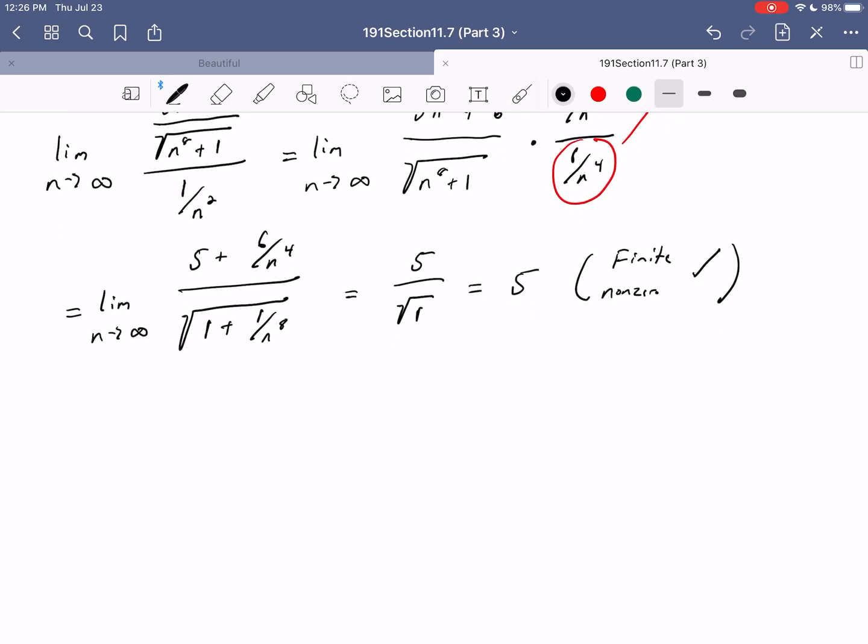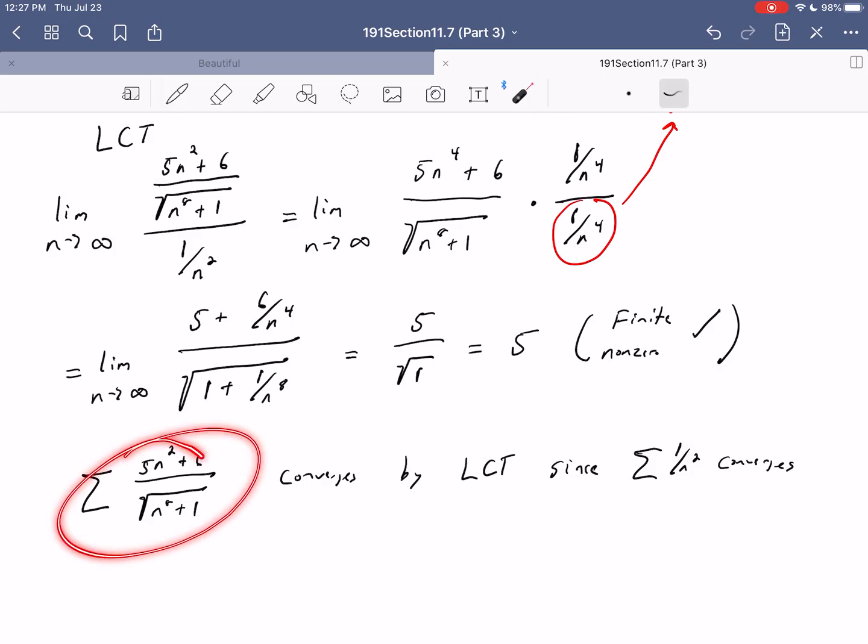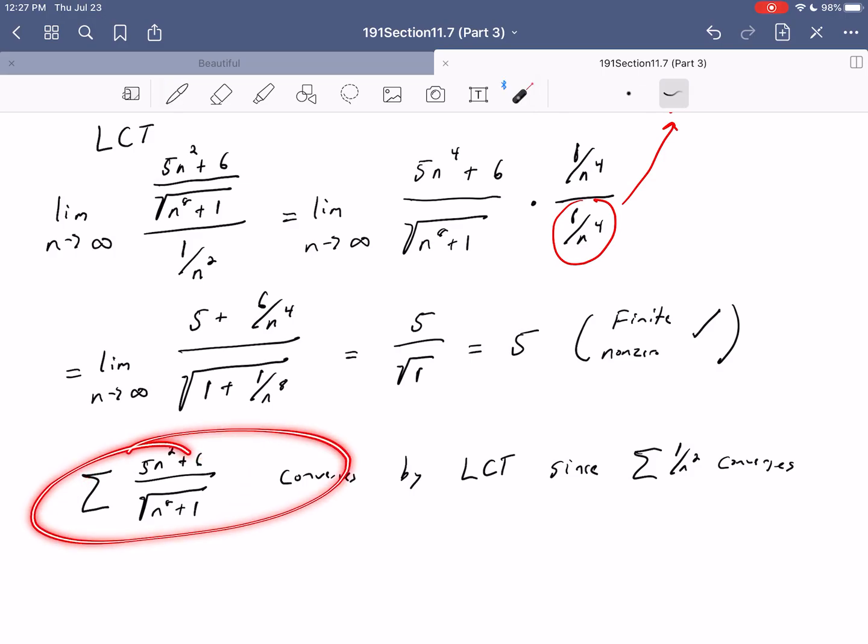So we can now say that the sum of 5n squared plus 6 over the square root of n to the 8th plus 1 converges by LCT, since the sum of 1 over n squared converges. Okay, so we now know that this converges. Now, was this actually our series?